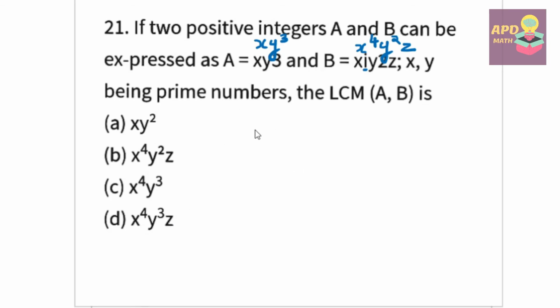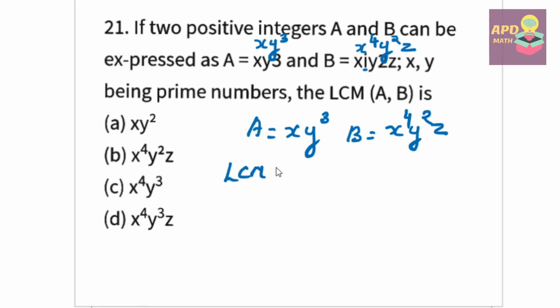Now here a is equal to xy cube and b is equal to x raised to the power 4 y square into z. Now we have to find out the least common multiple, LCM, of a and b.